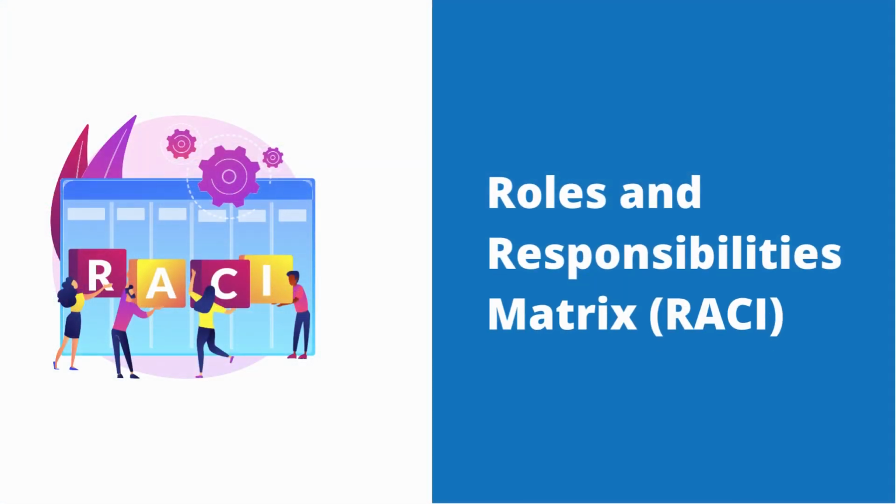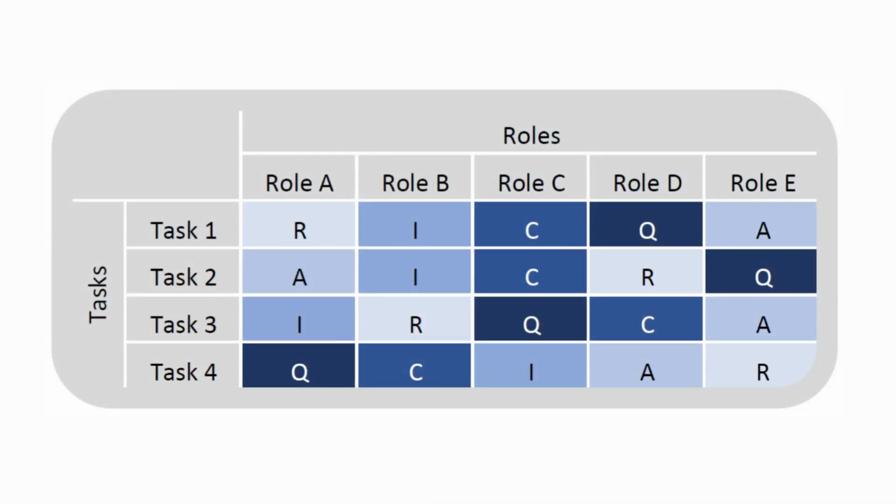A roles and responsibilities matrix is a chart that maps out all the key responsibilities for a project by role. Usually, the matrix will list key responsibilities down the left column and key individuals by name or by role across the top.